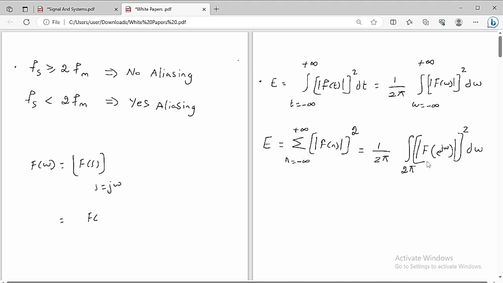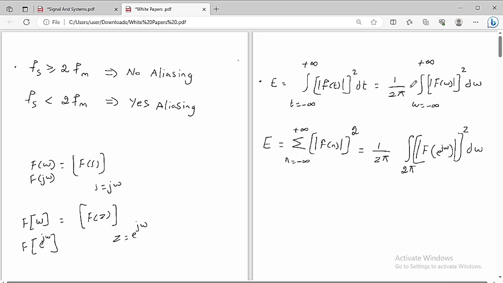In the f of z, if you substitute z equal to e to the power of j omega, then we get the discrete time one. Sometimes they write f of e to the power of j omega. Here they write f of omega or f of j omega. I have already told you that we can write anything. Here I want the discrete time Fourier transform, so replace it by e to the power of j omega. This is the discrete time Fourier series.